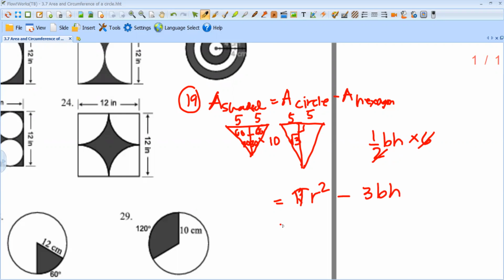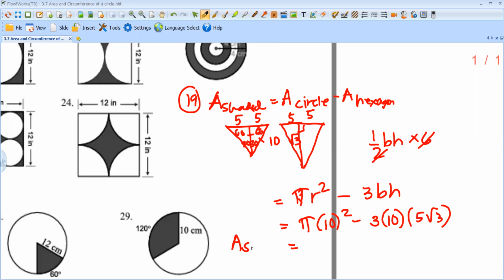That is the area of the shaded. So pi times 10 squared minus 3 times the base, which is 10, and the height is 5 square root of 3. So 100 pi minus 3 times 10 times 5 square root of 3. That is the area of the shaded.